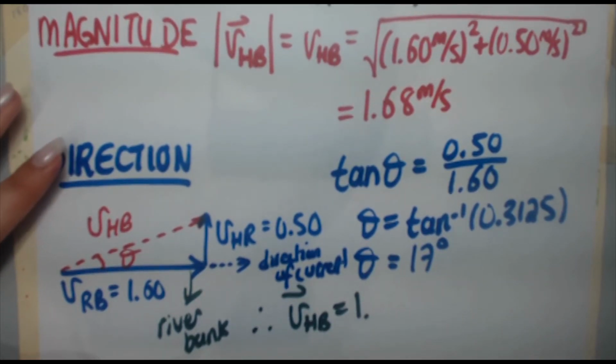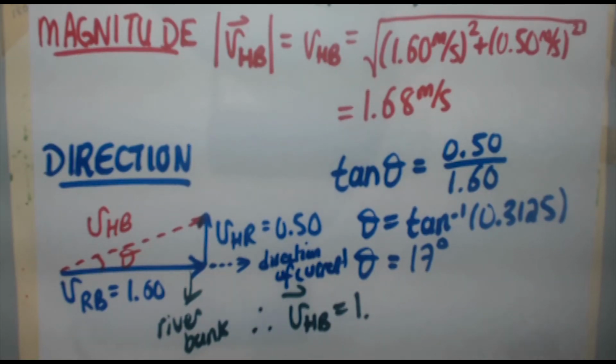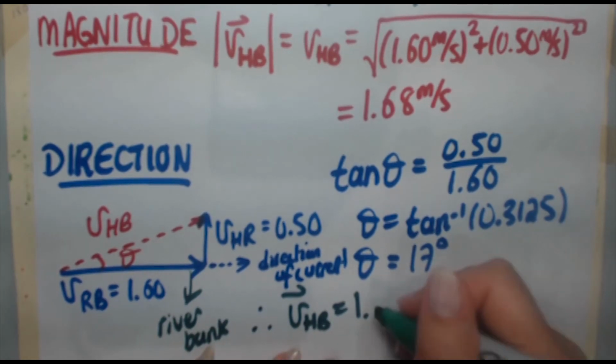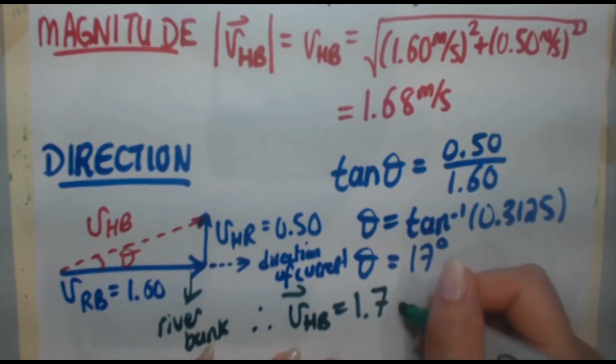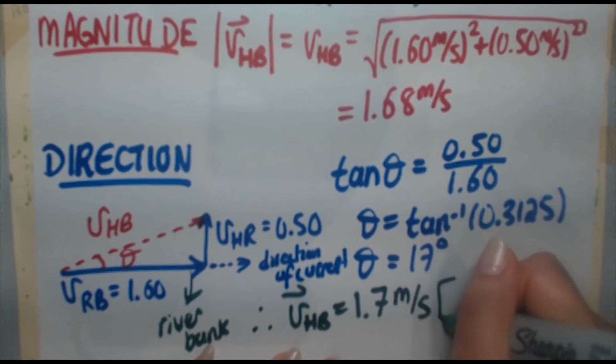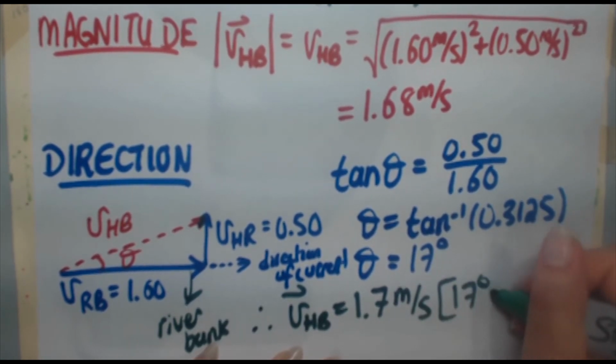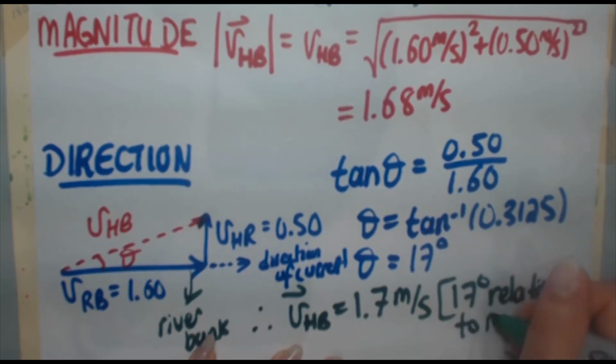We've got 0.50, that's 2 sig figs, and 1.60, that's 3. So we want to answer this to 2 sig figs. So instead of 1.68, let's do 1.7. Therefore, the velocity of Huck relative to the bank is 1.7 meters per second, 17 degrees relative to the riverbank.